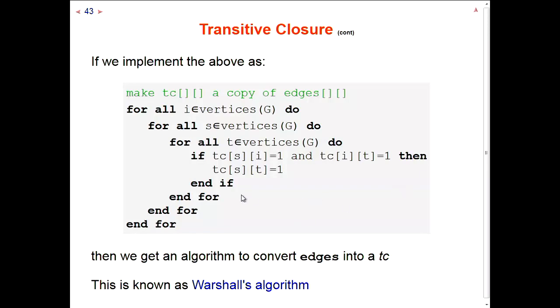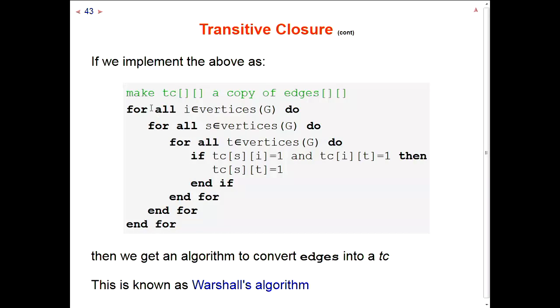This is what this algorithm does. It's extremely simple if you look at it. And it only uses 3 nested loops instead of, let's say, if you have V vertices, that you need V nested loops to do that calculation. What does it do?